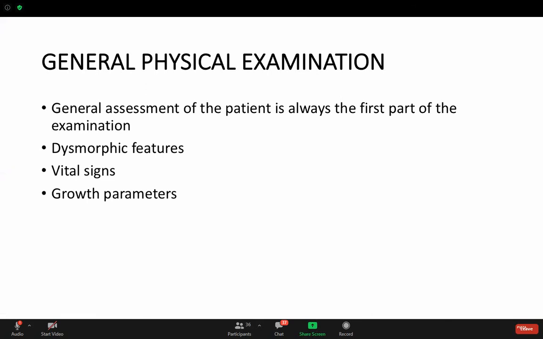Part of the general assessment with cardiovascular is, are there any dysmorphic features? Any dysmorphic feature that would suggest any syndrome that is known to be associated with congenital heart disease. هل هو مثلا واضح عليه dysmorphic features of trisomy 21 اللي هو داون syndrome؟ هل في features of Turner syndrome؟ لأنه بتعطيك hint إنه this patient may have AVSD, may have coarctation and so on.